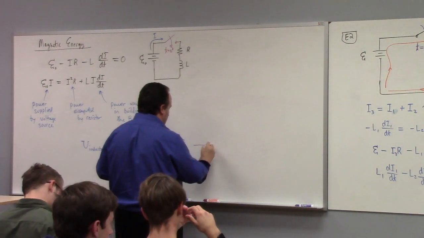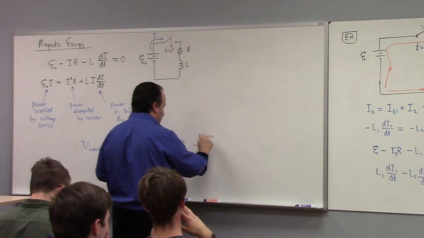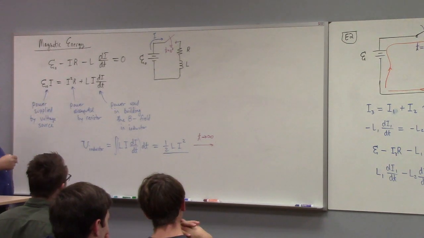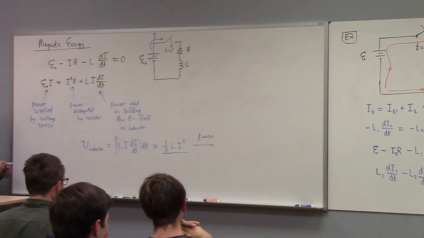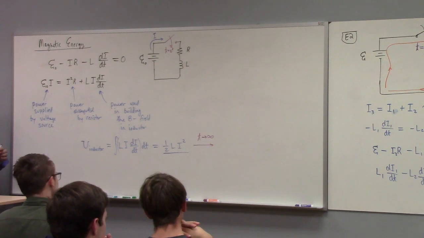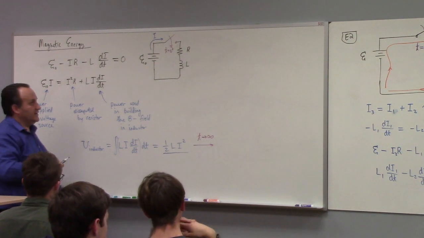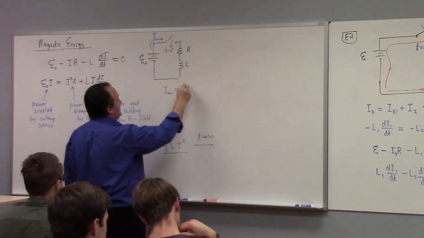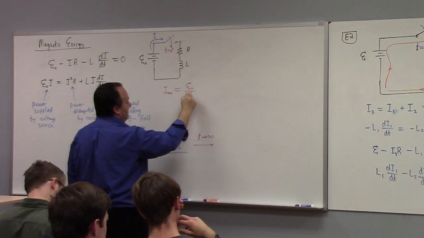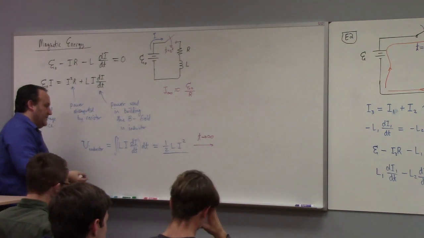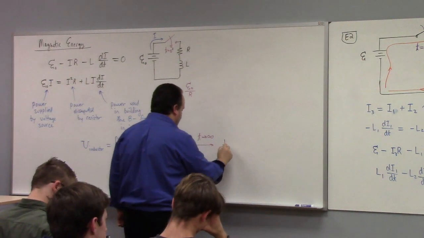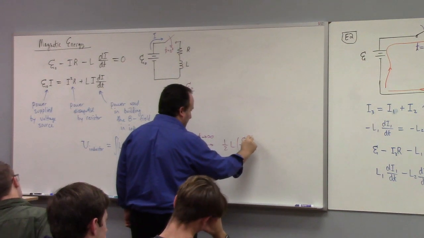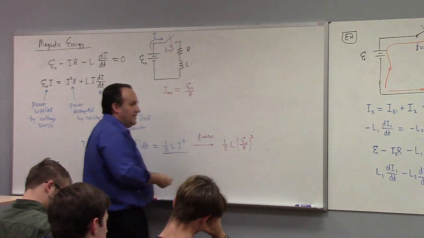What would this go to as t goes to infinity in this RL circuit? What's the current for infinite time? The current for long times is approximately just E naught over R. So eventually you would have stored the energy 1/2 L times (E naught over R) squared. That would be the max energy stored in the inductor.